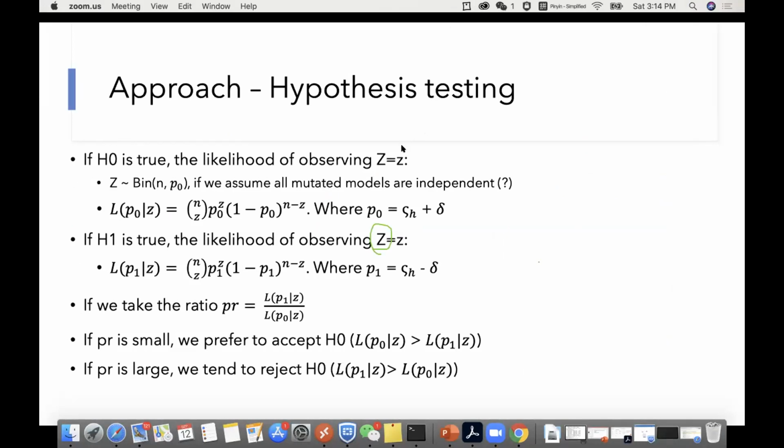And small z is what we observe. Given that we have observed capital Z equal to small z, we want to calculate the likelihood that H0 is true, and also the likelihood that H1 is true. If this ratio is very extreme, then we are very confident to say that H0 or H1 is true.